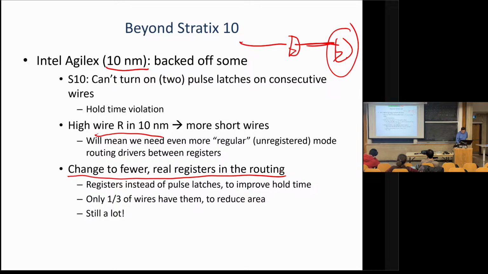So they put them only on about a third of the wires to reduce area. By doing that, they found that they didn't have to use pulse latches anymore. They could use full registers. And that makes their hold time better. So they went back to, okay, we'll use the more expensive registers, but we won't use them on all the wires. And that's going to give us better hold time, and we're happy. So they kind of did 2 different variations on this theme.